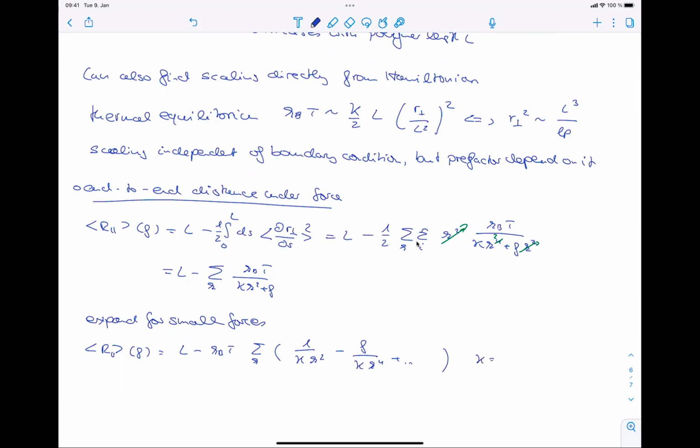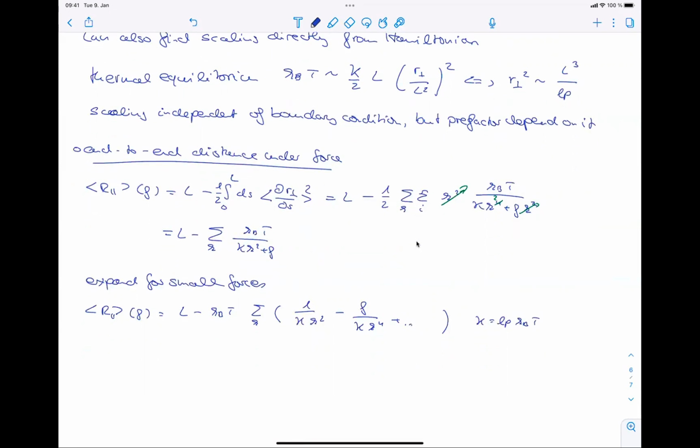Remember again that kappa is LP kBT. And then this allows us to make kBT over kappa into LPs. Let me rearrange terms and pull out an L. So we get this nice L over LP, like a dimensionless factor in here.